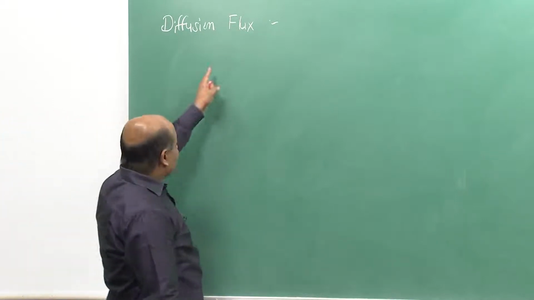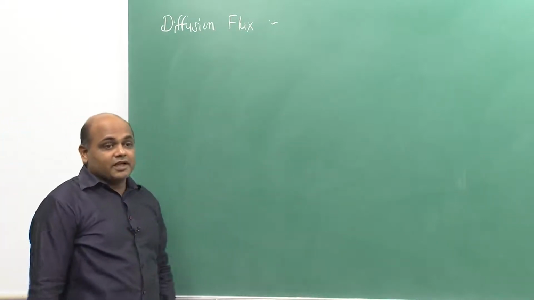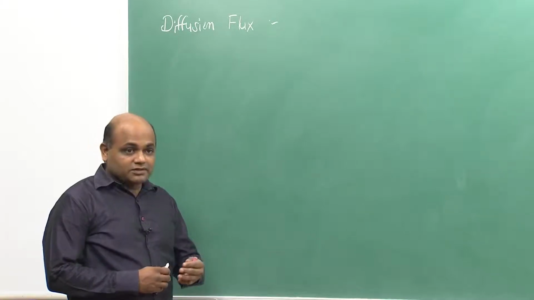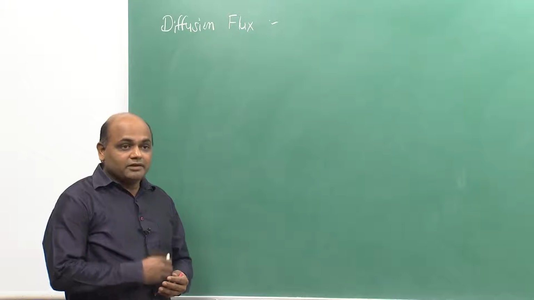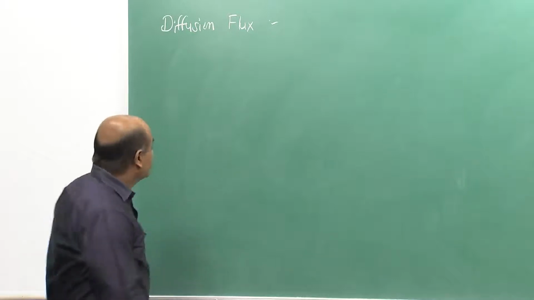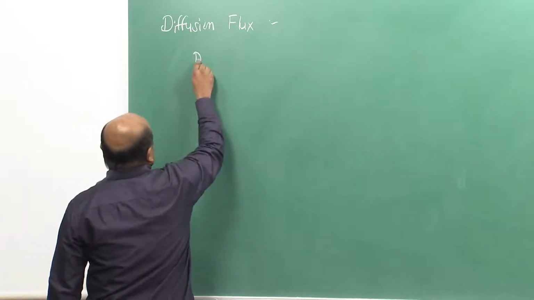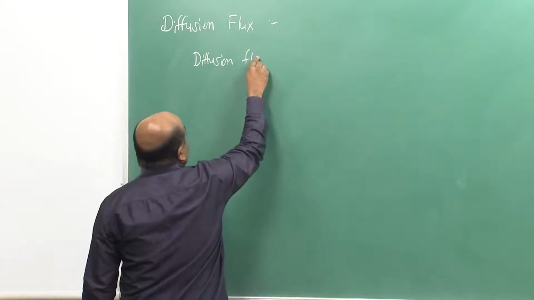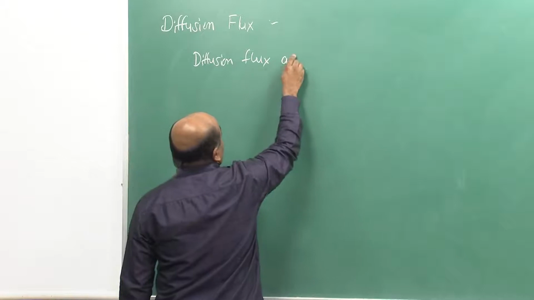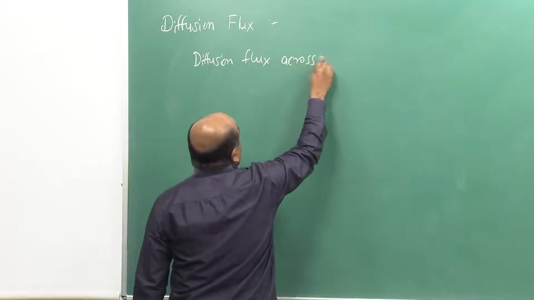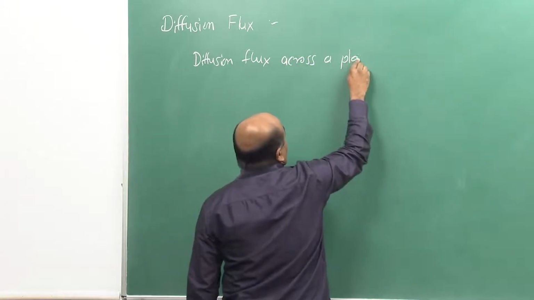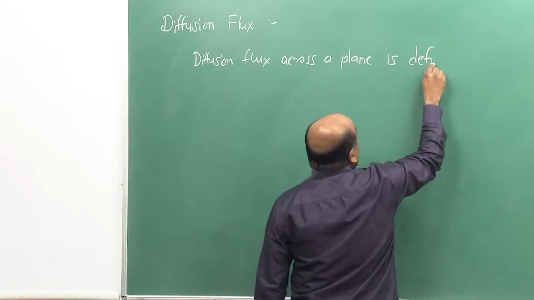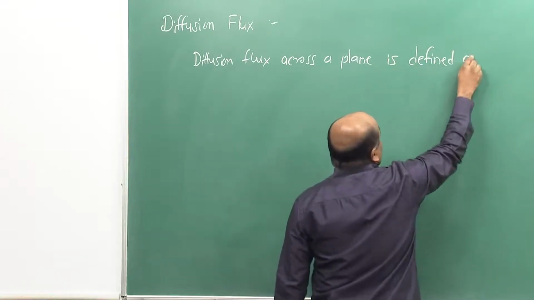So, diffusion flux is defined as the amount of a component that crosses unit cross sectional area of a plane per unit time. Okay.